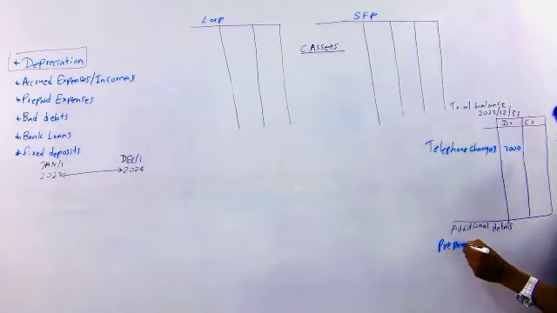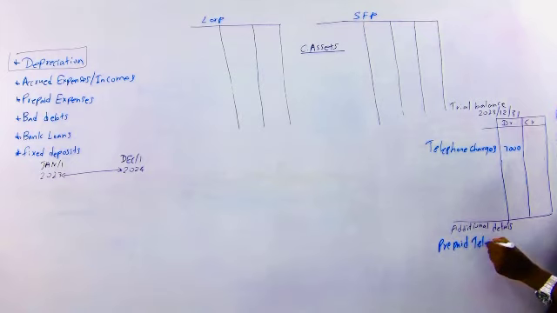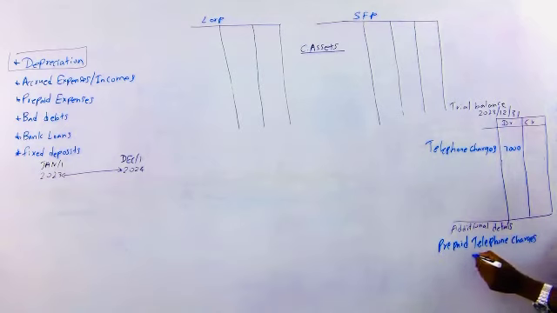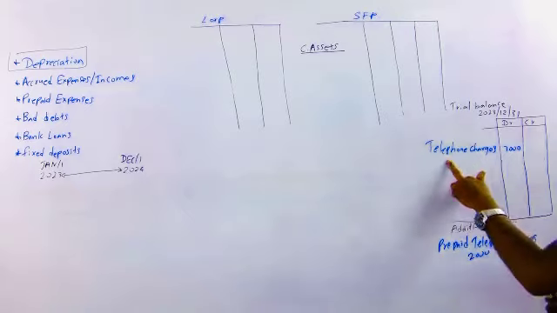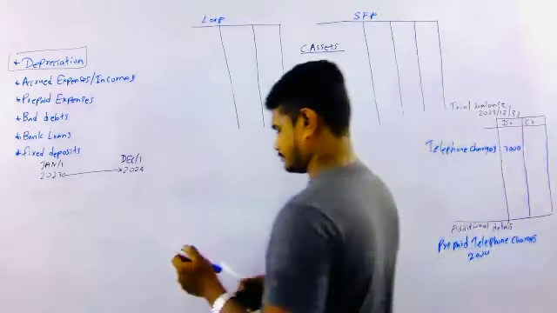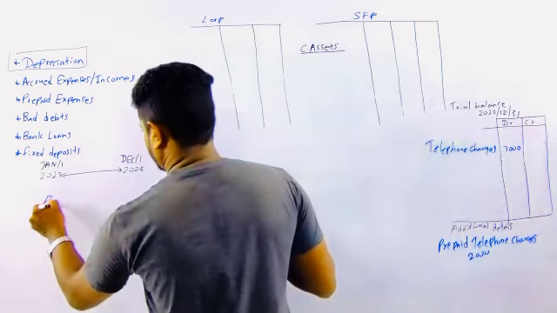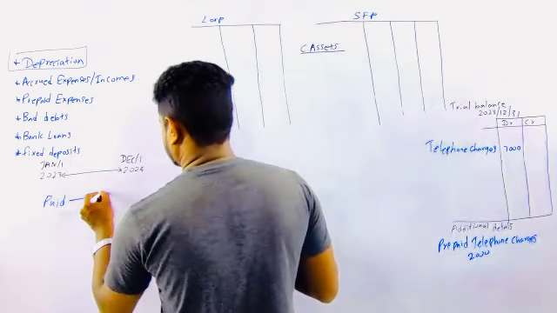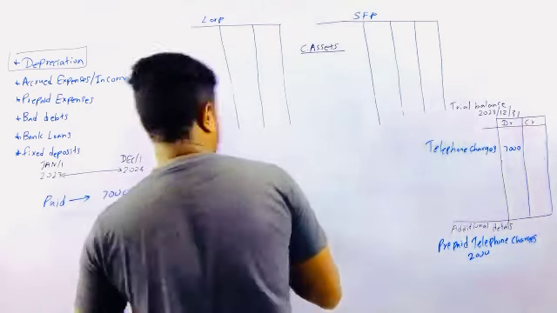And you can see under the additional details, they have mentioned like this. Prepaid telephone charges as 2,000. What's the meaning of this? The meaning of here is we paid 7,000 of telephone charges, right?